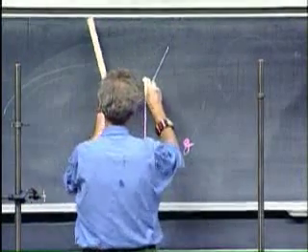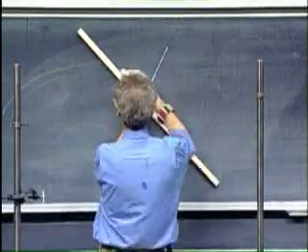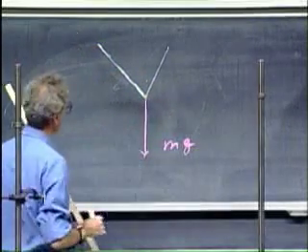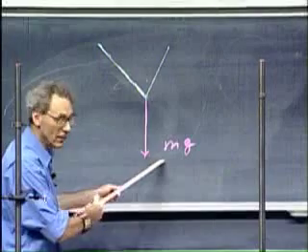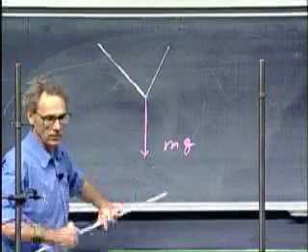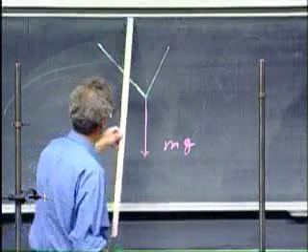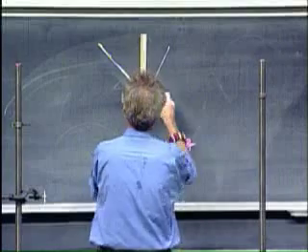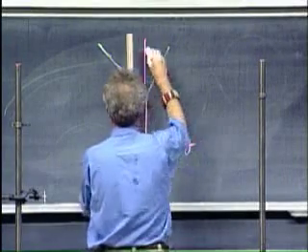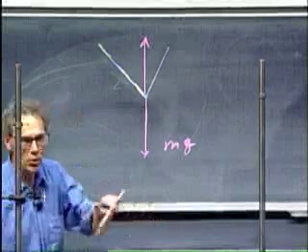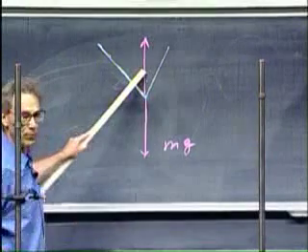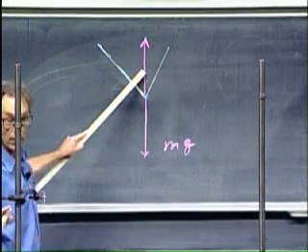This angle is 30 degrees here, and this angle 45 degrees. If these two forces must cancel out this one, why don't I flip this one over? Here it comes. I flip it over. There it is. T1 and T2 now together must add up to this one. Then the problem is solved.